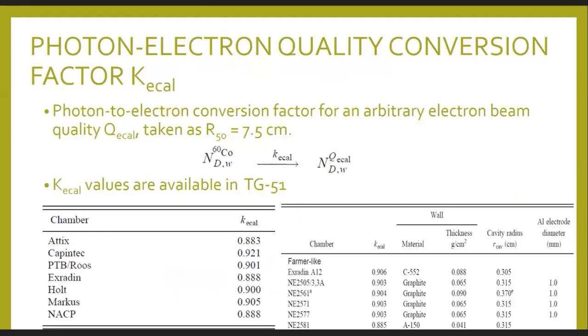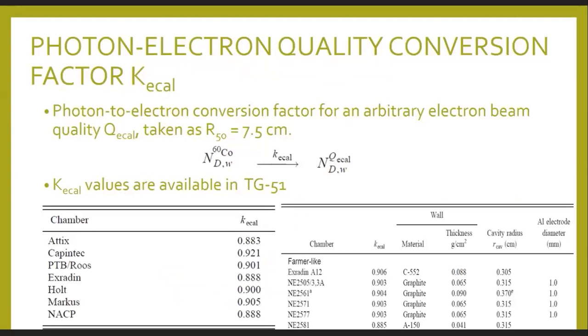So by getting this quality conversion factor Ka cal, you convert the absorbed dose to water calibration factor for photons to a correction factor for an arbitrary electron beam quality.